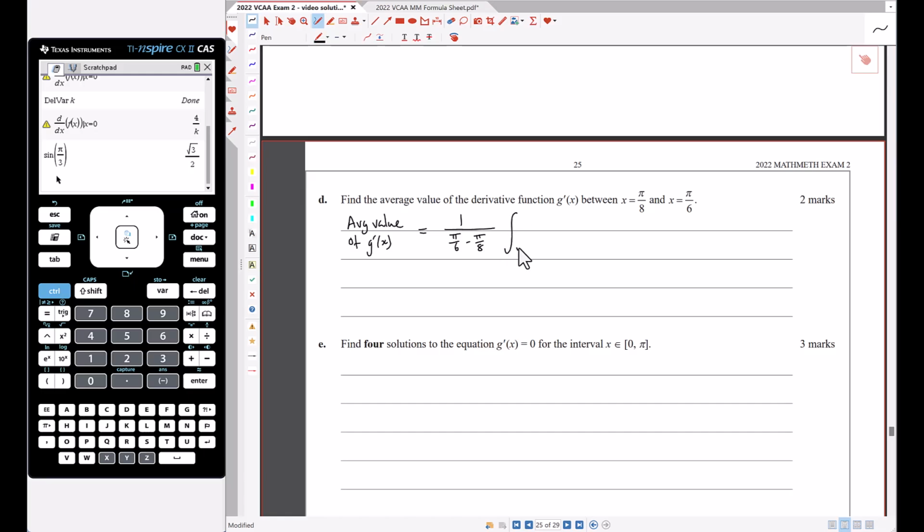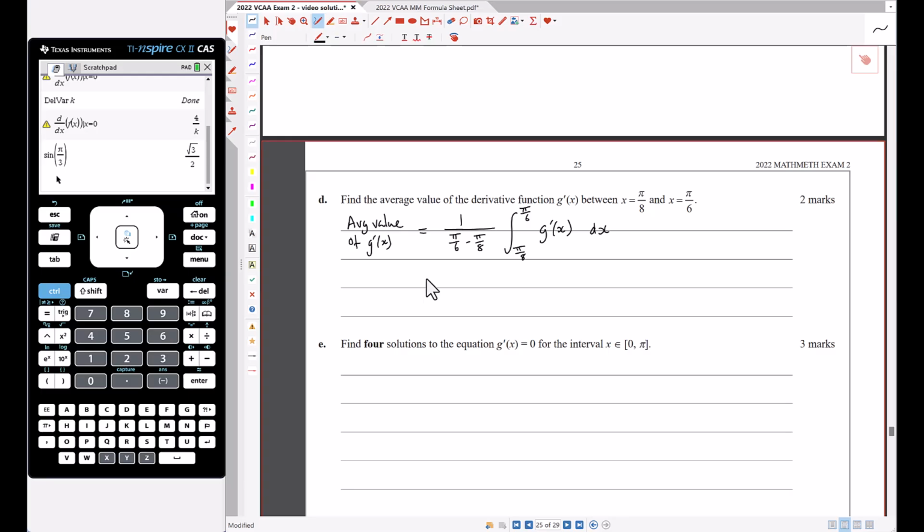We're going to integrate from pi on 8 to pi on 6, and we're going to integrate g dash because it's that we want to find the average value of.